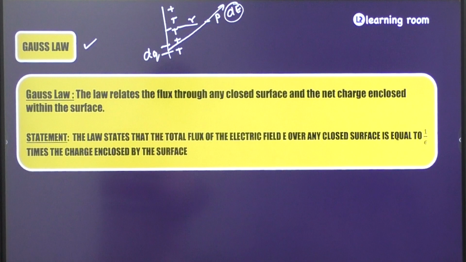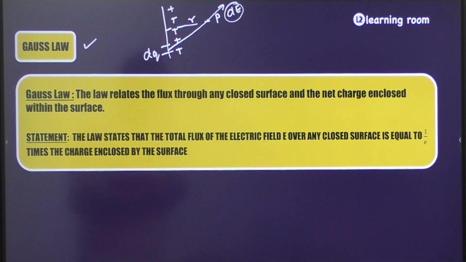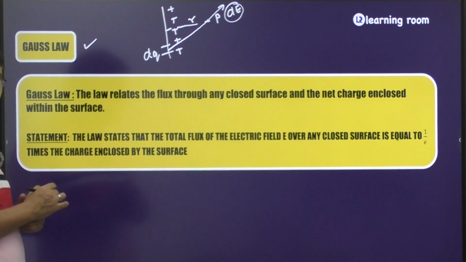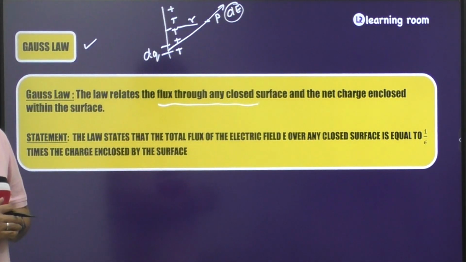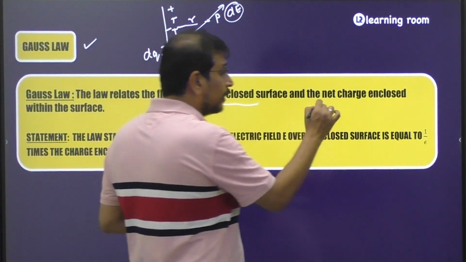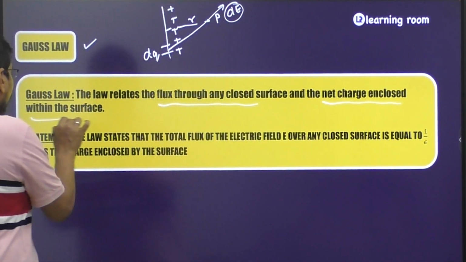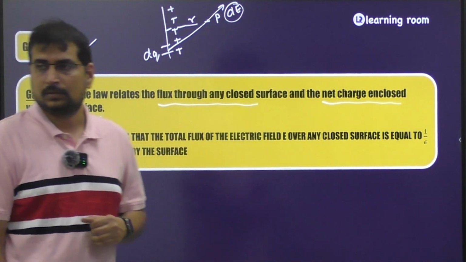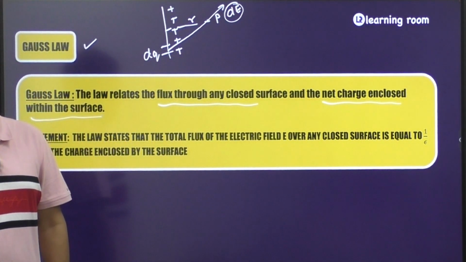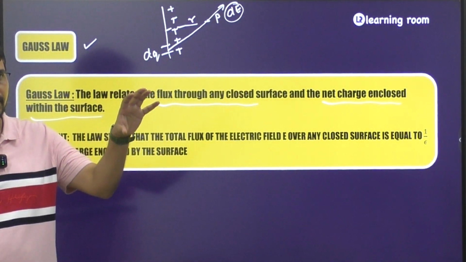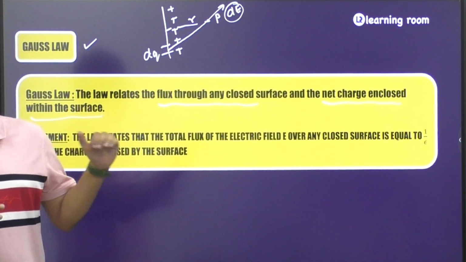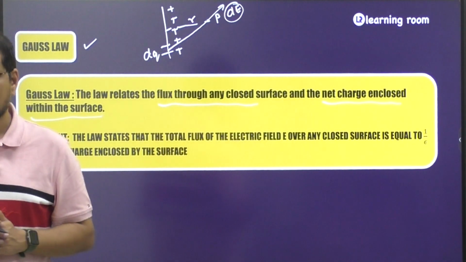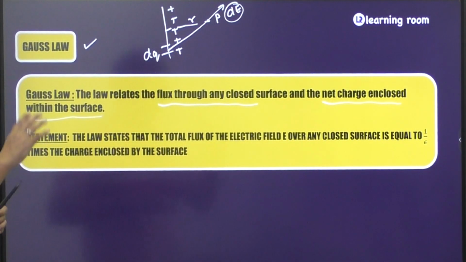So what is the hint again? When will you know you need to apply Gauss law? Gauss law is the law that relates the flux through any closed surface and the net charge enclosed within the surface. So if I have the concept of electric flux and the total charge is known to me, I can solve that problem using this law. Is that clear? So that is the first part.